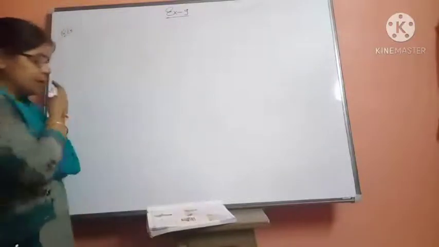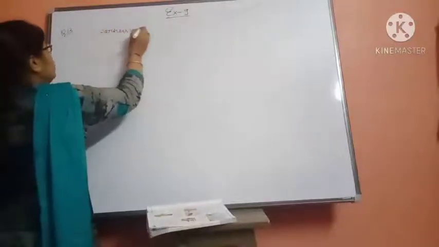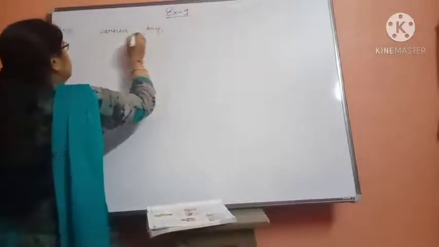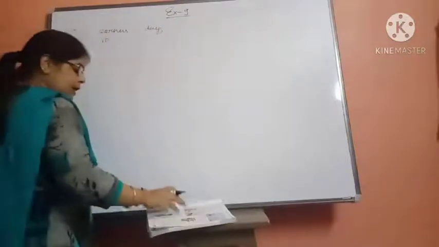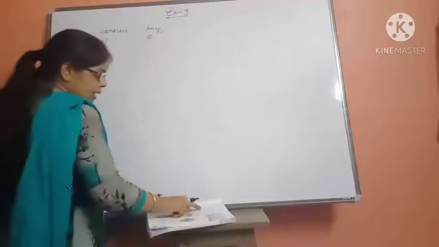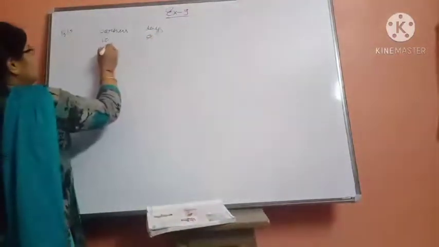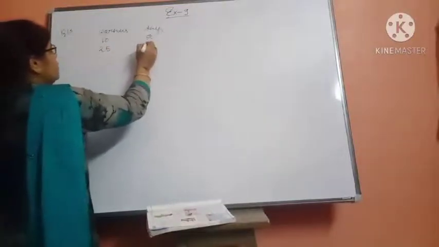See that now. 10 workers, and days. Try to understand this now. 10 workers are completing in how many days, beta? 50 days. Okay. And how long will 25 workers take? Suppose x days.